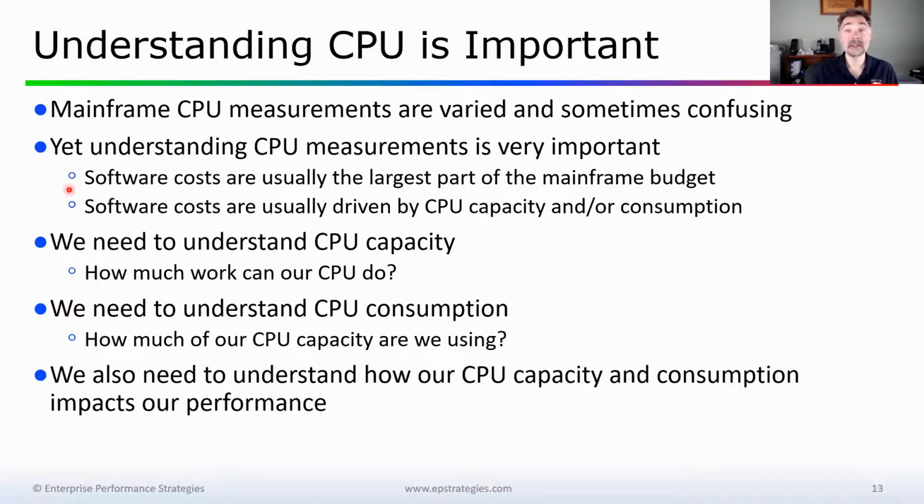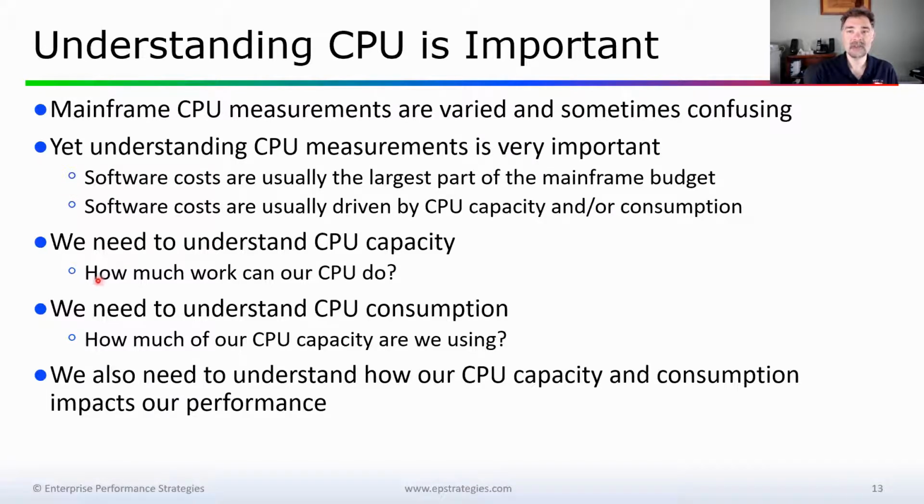So for that reason, it makes absolute sense to understand CPU. And of course, the CPU capacity and CPU consumption also drives your hardware decisions as well. So understanding the CPU terms is vitally important to anybody doing mainframe capacity and performance.